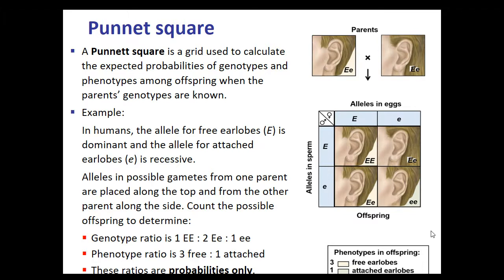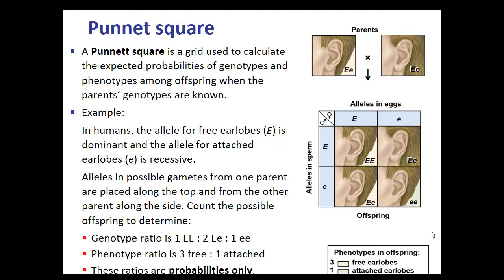So big E here, big E here, little e here, and big E little e here. So these are the possible genotypes of the kids. If these two had one child, it could be any of these genotypes.